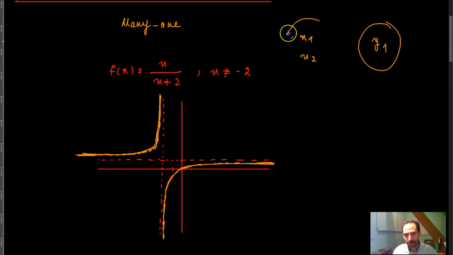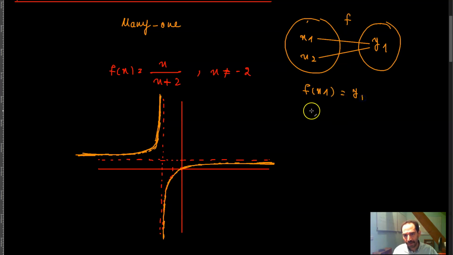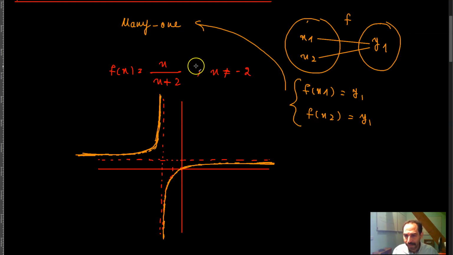This is your codomain, this is your domain. And x1 is mapped to y1, x2 is mapped to y1. If I think of this as f, then f of x1 is equal to y1, and f of x2 is equal to y1. So this function is of course many 1, it is not 1, 1.